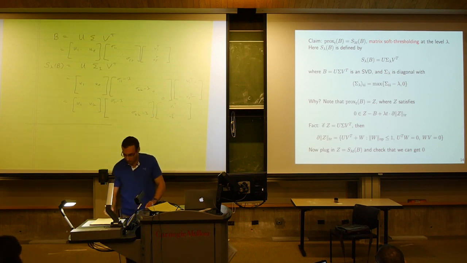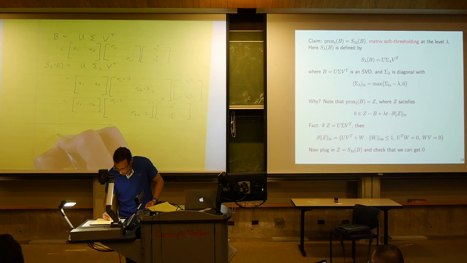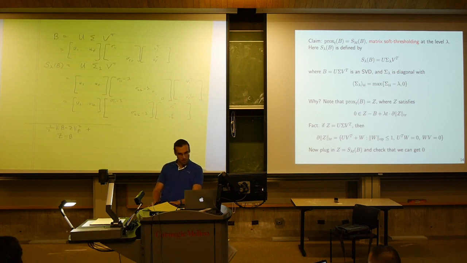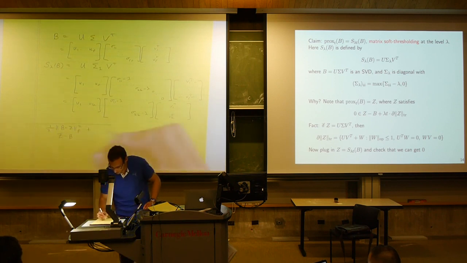So it suffices to check that if I take the criterion, which was this, are we doing it at the level lambda? I guess here I'm doing it at the level lambda t.